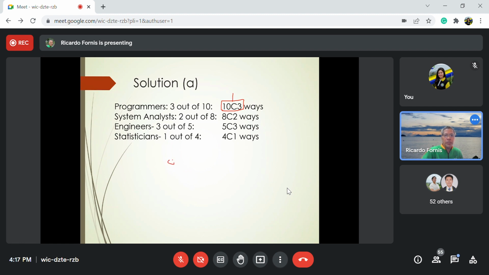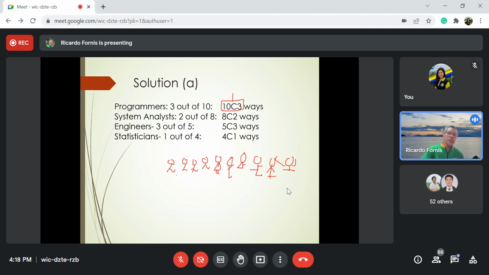So for example, programmer number 1, programmer number 2, number 3, 4, 5, 6, 7, 8, 9, 10.